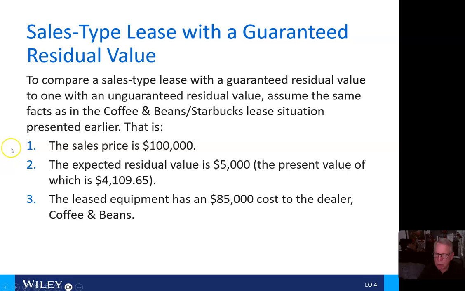So that is, in review here, number 1, the sales price is $100,000. Number 2, the expected residual value is $5,000 with a present value of $4,109.65. And 3, the leased equipment has an $85,000 cost to the dealer, coffee and beans.